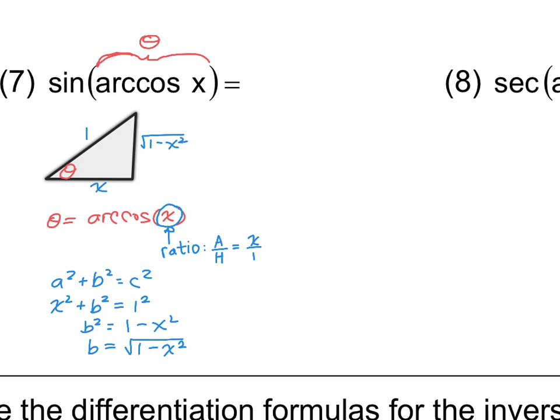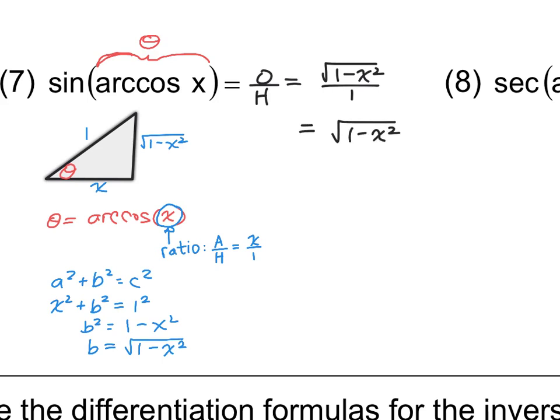I can get what I need from this triangle because there are 6 possible ratios. I have 3 sides. I can create any of those 6 ratios. What I need is the sine ratio, which is the opposite side over the hypotenuse. The opposite side is the square root of 1 minus x squared. The hypotenuse is 1, and so therefore this boils down to the square root of 1 minus x squared.